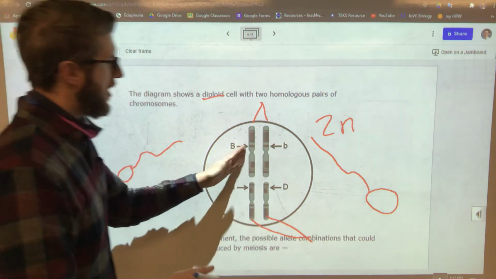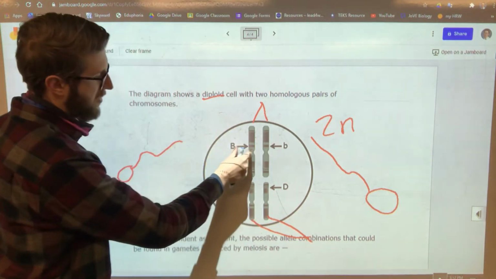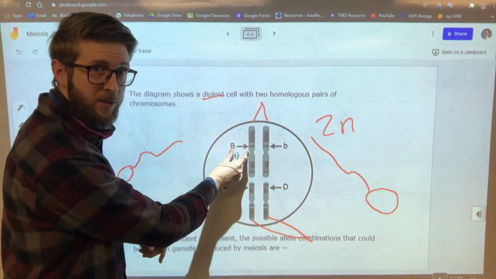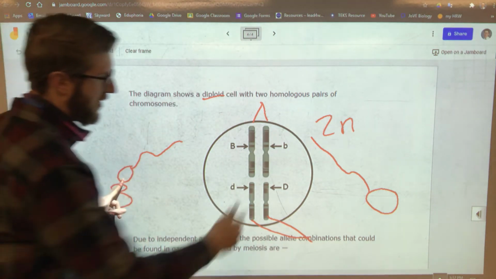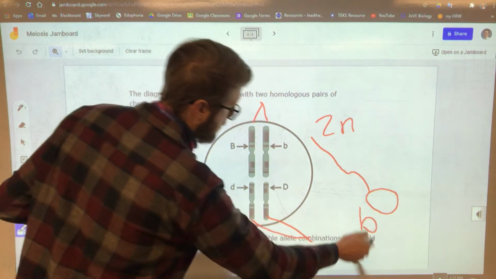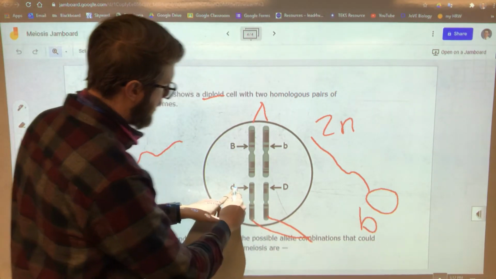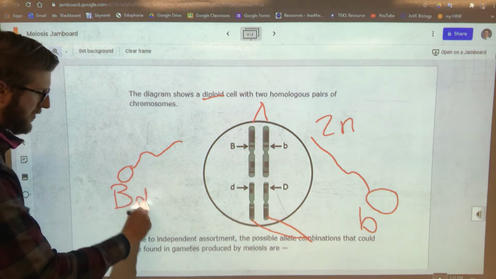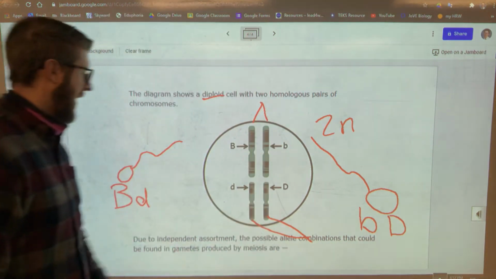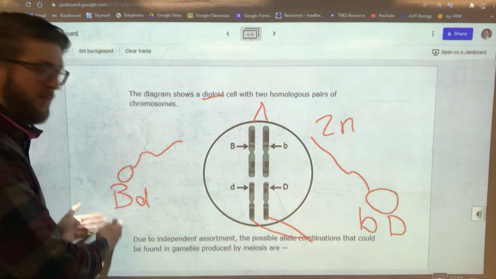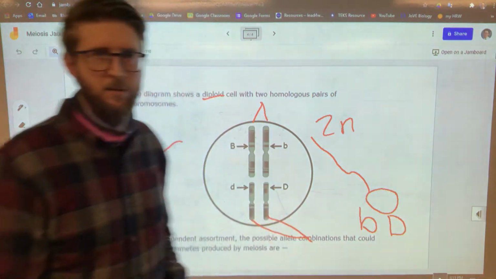Okay, so we could have this chromosome with this big B allele go over here to this sperm, and the small b go over to this sperm, and we could have this little d go over to this sperm, and the big D go over to this sperm. And now this sperm has the big B little d genotype, and this one has the little b big D genotype.